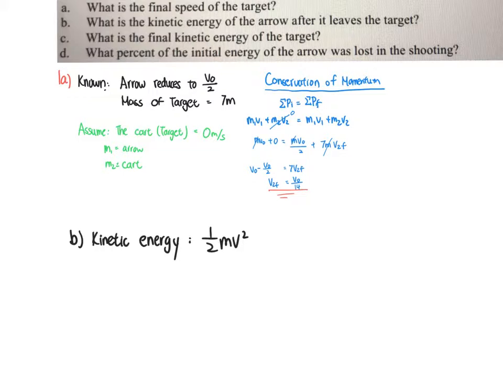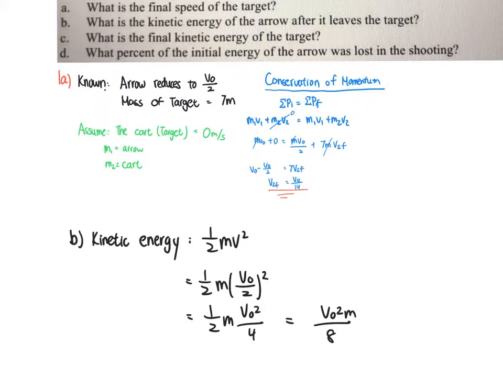Since we know the velocity of the arrow is v naught over 2, we can make this equal to 1/2 m (v naught over 2) squared. That simply becomes 1/2 m v naught squared over 4, which then is m v naught squared over 8. So that's your second one.